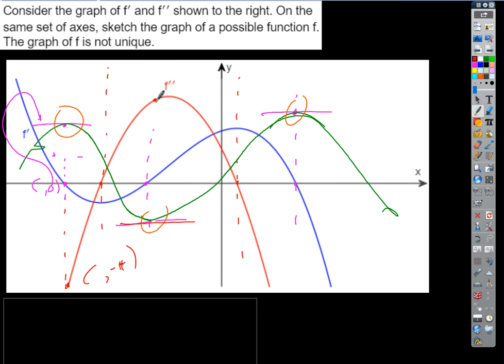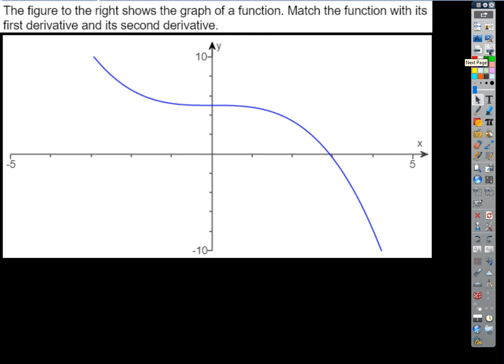The tangent line has to be below the curve where the concavity is positive, so that means a minimum, right? Relative minimum. And then once again over here, the red function's off the graph, but you get the idea. Where we have a 0 first derivative, that means a horizontal tangent line. Clearly the second derivative is very negative, so this is going to be concave down, right? Get the idea, okay? All right.